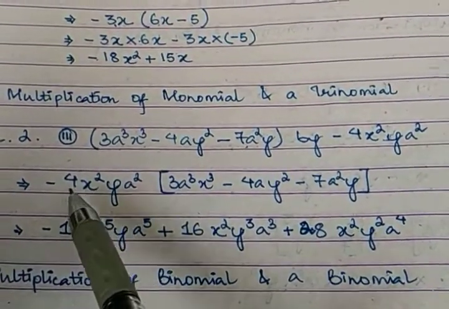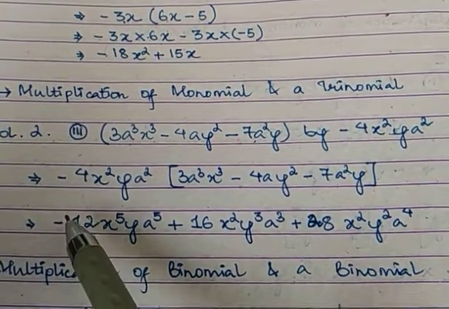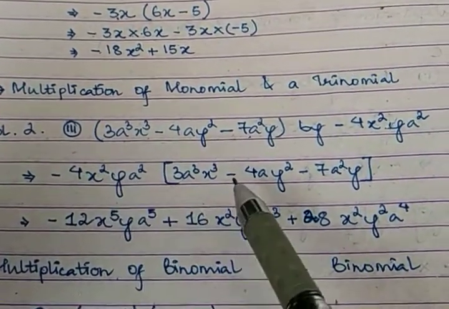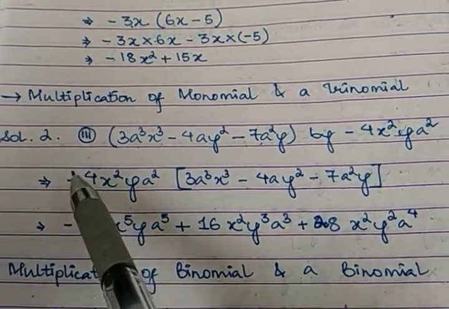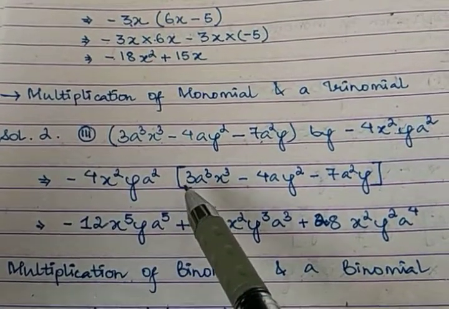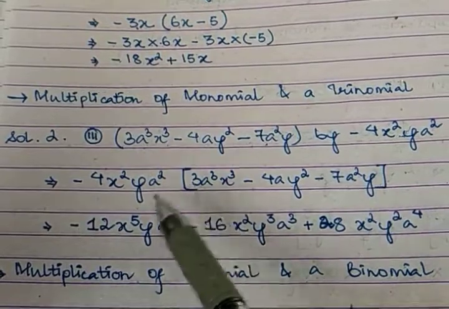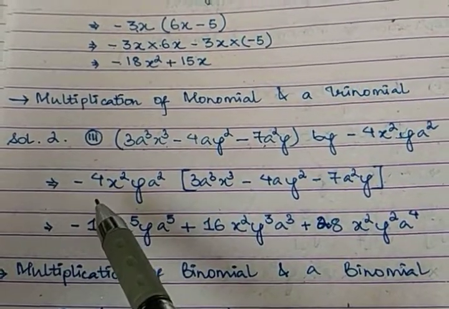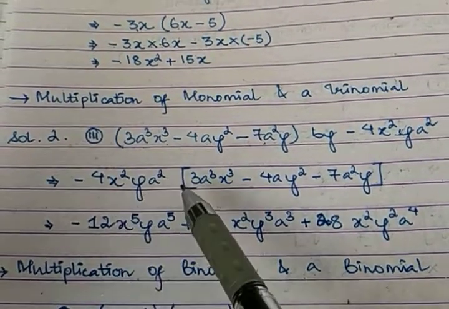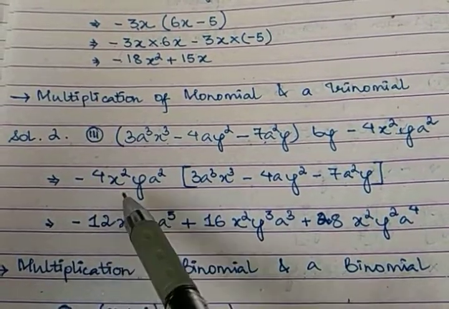See what I have done here. I know that the signs will be multiplied first and the monomial has to multiply every term. The bracket stands for multiplication: minus into plus is minus. The constants are multiplied first: 4 into 3 is 12.